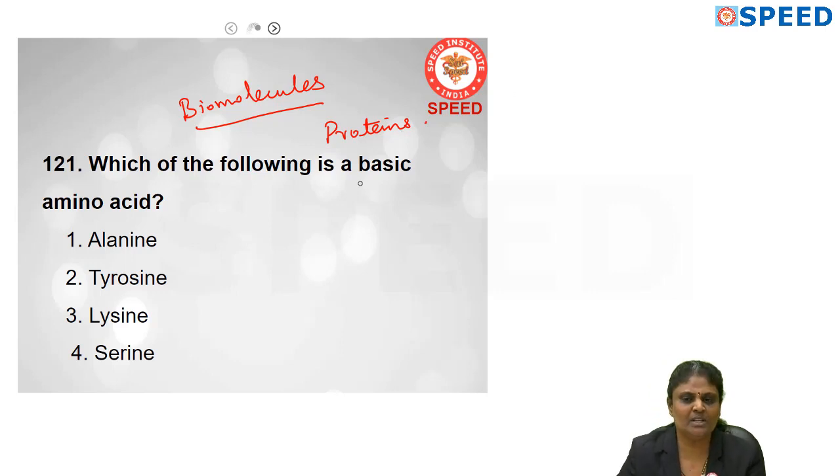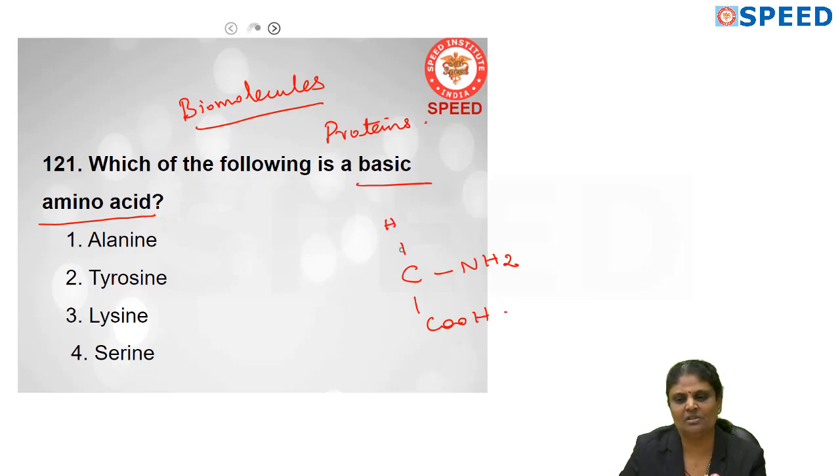But here the question type is based on the R group present in the amino acids. So the basic form of amino acid is carbon with one amino group and one COOH group. Okay, one is H and another one is R group.